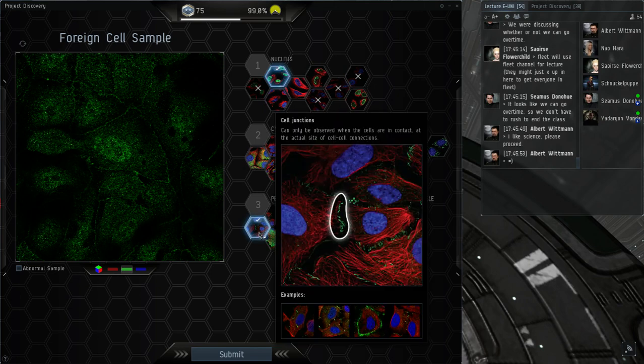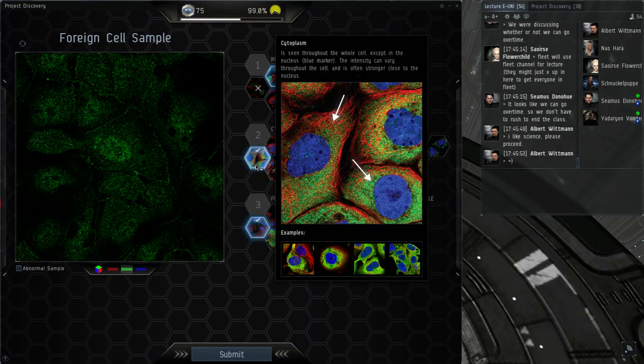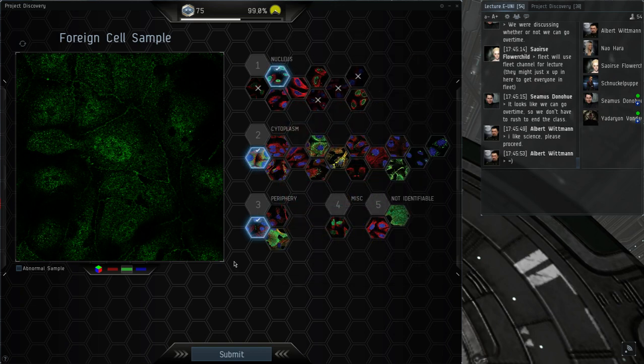And then the question is again, is it cytoplasm or is it not cytoplasm? And I am a bit torn whether it is cytoplasm or not. It could be that it's just background staining, but I will click cytoplasm because I think it's somewhat too strong for me to ignore it. Had it been plasma membrane rather than cell junctions, I would be more doubtful about the cytoplasmic staining, because then I would say, oh, maybe it's just plasma membrane that is sort of leaking through.